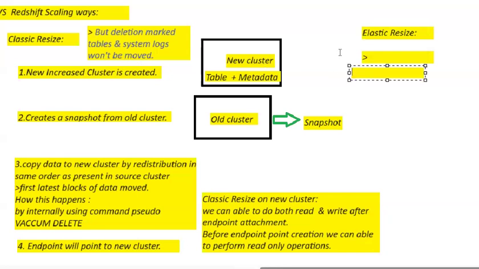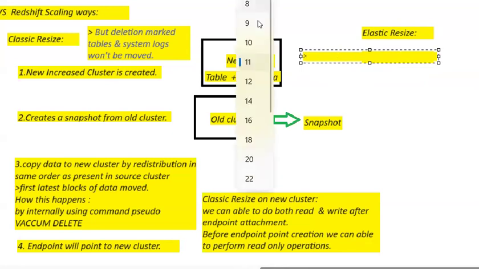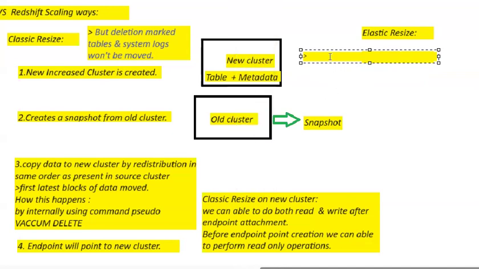Whereas coming to elastic resize, here we can even move these things. In addition to the table data as well as metadata, the system logs data is also moved, and retained table data is also moved.